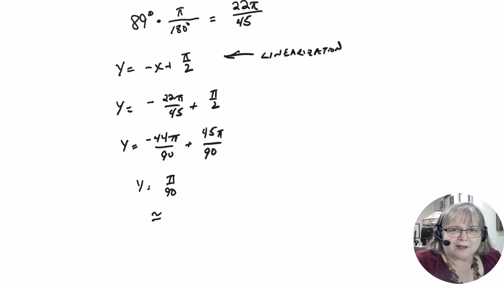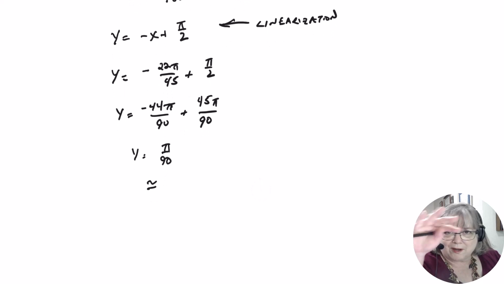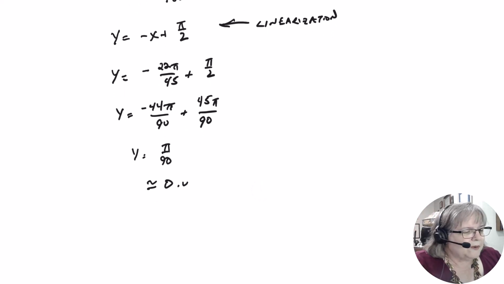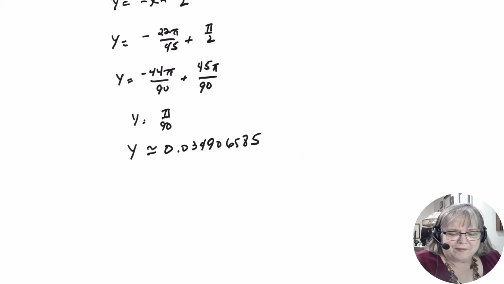I mean, that's just 1/90th of the way around the first top half of the circle. And this turns out to be 0.034906585, whenever you get tired of dividing out. Okay, so this is what that value turns out to be.